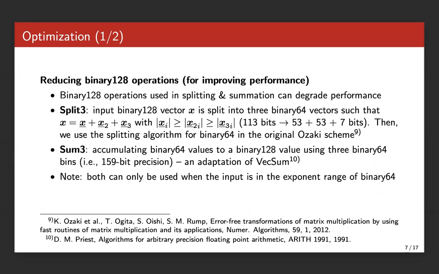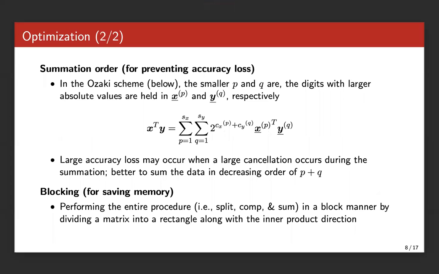But I'll skip the details for the sake of time. These methods can be used only when the input matrices are in the exponent range of binary64. Also, we apply two more optimizations. For preventing accuracy loss, we optimize the summation order, and for reducing memory consumption, we apply a blocking technique.